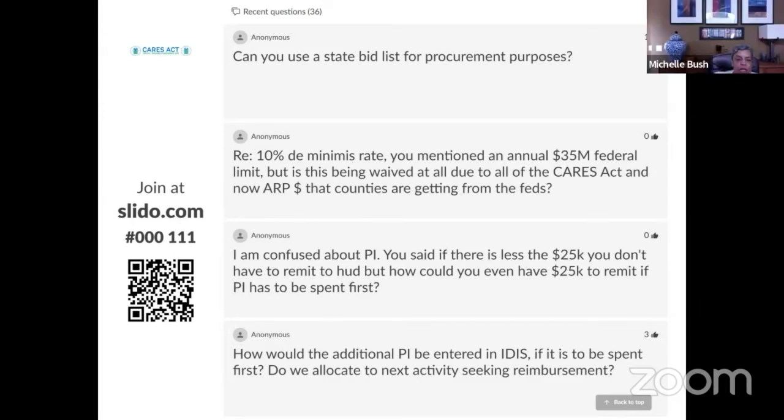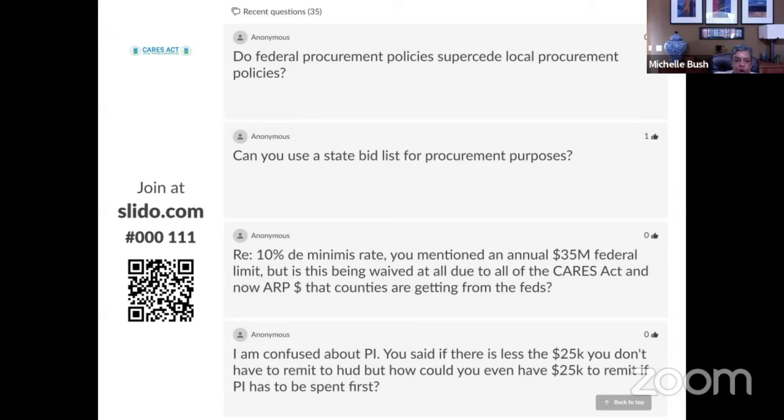Okay. Regarding 10% de minimis rate, you mentioned an annual $35 million federal limit, but is this being waived at all due to all of the CARES Act and now our dollars that counties are getting from the feds? I think the answer to that is no. I've not seen any waivers of the 10% just because you're getting a lot more money.